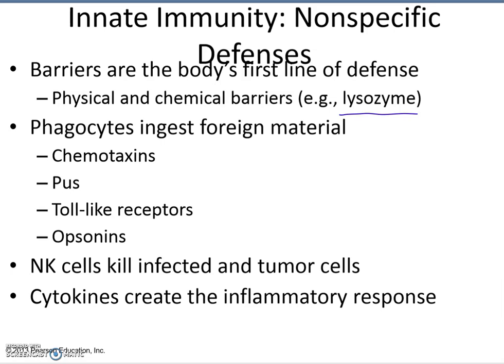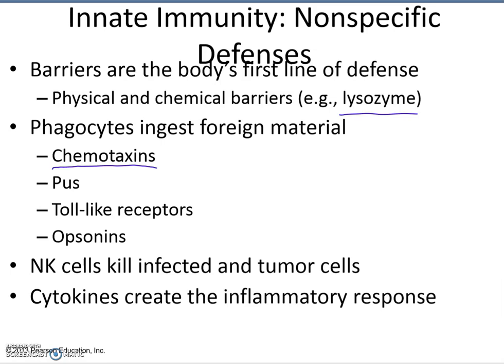One of the ways that you can direct a phagocytic cell toward a site of inflammation or where some infection is going on, the easiest way is by chemotaxins. Chemotaxins are chemicals that direct the phagocytes, these white blood cells that are phagocytic, to come to an area of inflammation or infection, and then eat as many bacteria as possible and try to prevent the spreading of the infection.